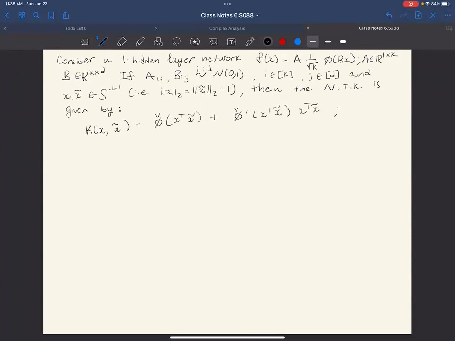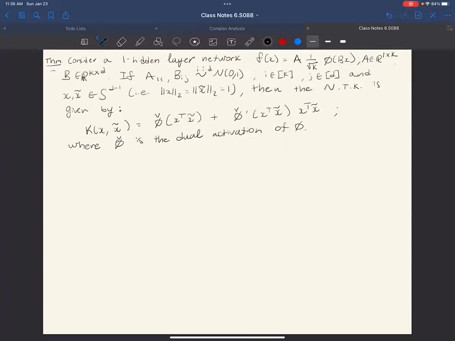And this is where phi hat is the dual activation of phi. Okay. And this will be our first theorem in this lecture.